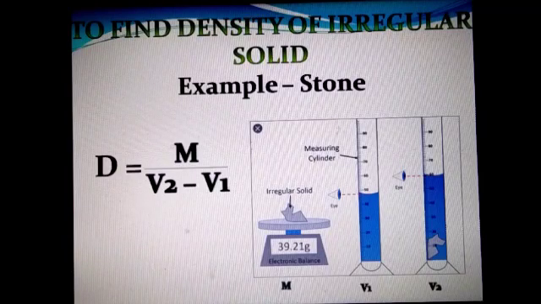Now if we subtract the first level from the second level, that is V2 minus V1, we can find the volume of the irregular object which is immersed in the measuring cylinder. Thus we find the volume, and then by dividing the mass by the volume, we can find the density of the irregular solid.